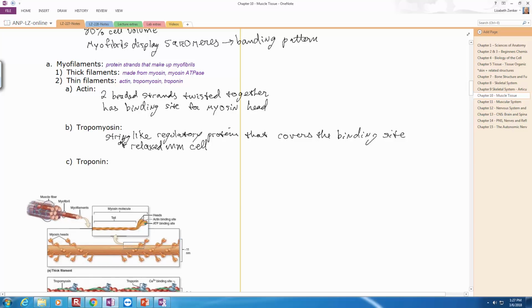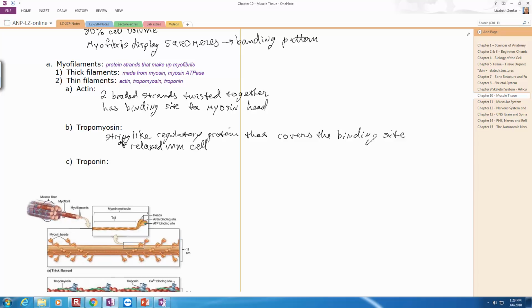So if a muscle cell is relaxed, the binding site is covered up, meaning when you learn about the physiology, the myosin can't attach, okay? So when we actually contract or shorten a muscle, the myosin head will be able to attach. Tropomyosin will be out of the way so that myosin can attach. When we're relaxed, tropomyosin is covering that site so things can't attach to it and tug on it, if you want to think of it that way.